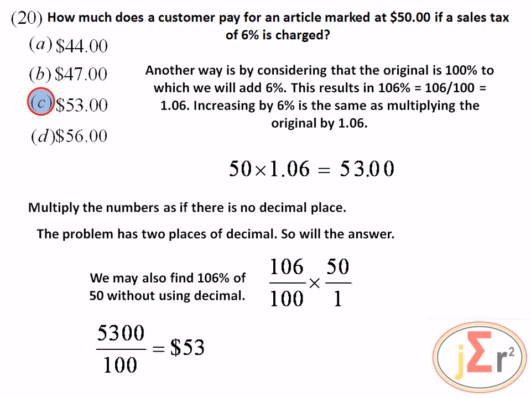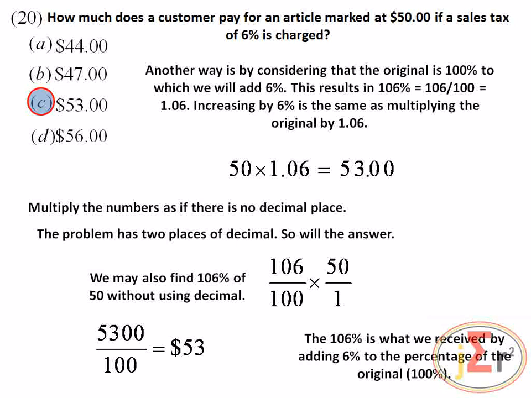Surely we are not confirming ourselves in any error. The 106% is what we received by adding 6% to the percentage of the original, and the percentage of the original is 100%.